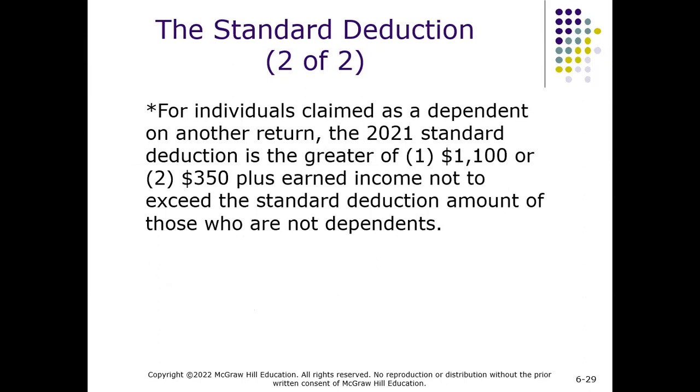So if a child is claimed as a dependent on a parent's tax return or another person's tax return, and they have to file a tax return because they have income, their standard deduction is the greater of $1,100 or $350 plus their earned income. So income from their job or income from being self-employed. But never will their standard deduction be greater than the normal basic standard deduction for their filing status.